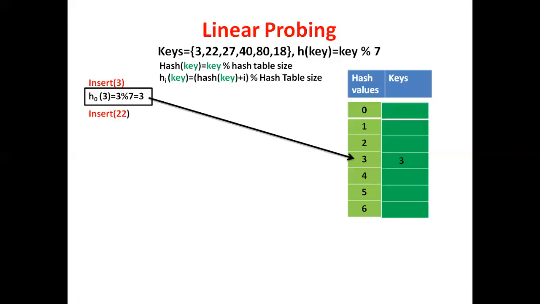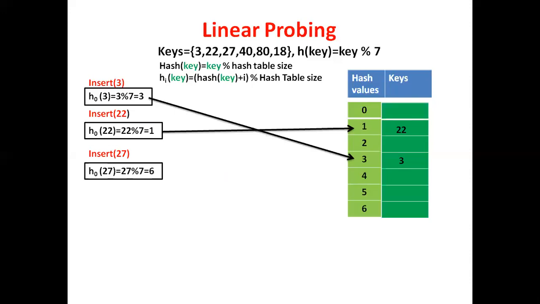Next, I want to insert one more key, that is 22. So h0 of 22 is equal to 22 modulus 7. So that is 1. Remainder 1 means bucket 1 is empty. We can insert our value there, that is 22 inserted. Again I want to insert 27. So again h0 of 27 is equal to 27 modulus 7, means the remainder is 6.